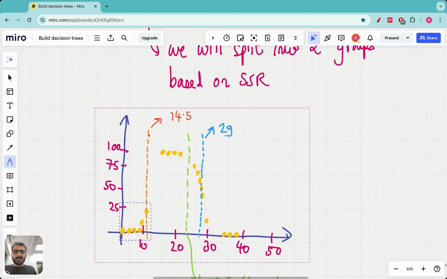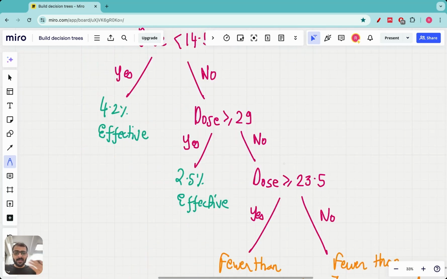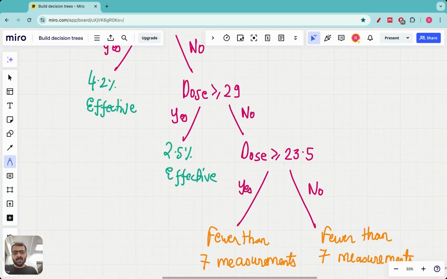If you plot this, you will see that the threshold of 23.5, which means dose less than or greater than 23.5, gives the lowest sum of the squared residual values. So that's why this will be our next decision point, the condition which we will be evaluating.